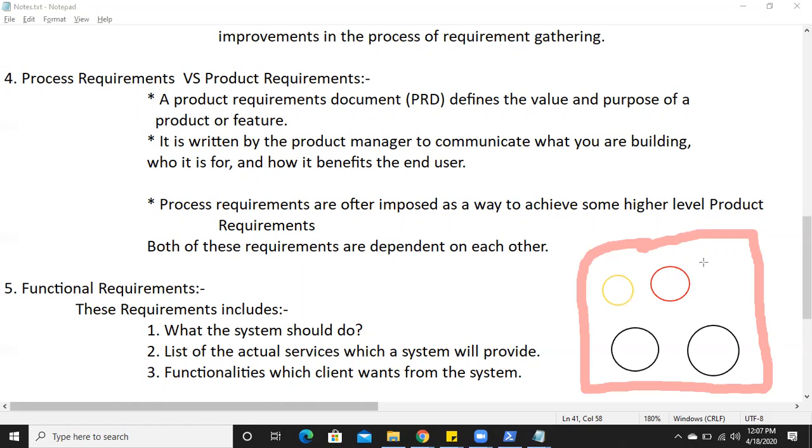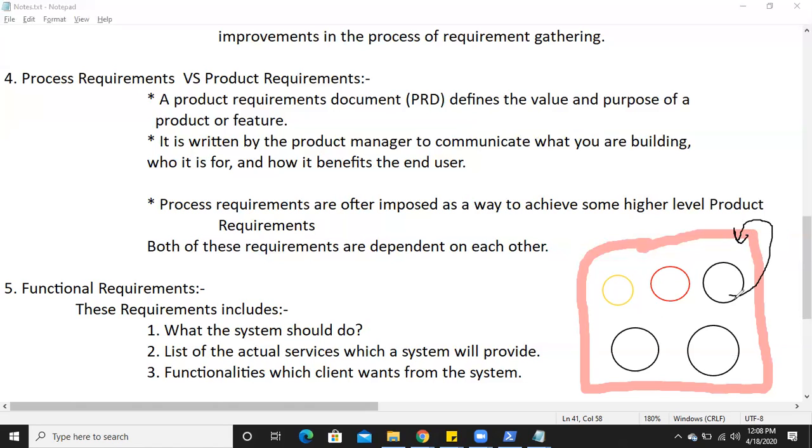These are the processes inside a particular product, like P1, P2, P3, P4, P5. As I said earlier, process requirements are the way to achieve the higher level product requirement.